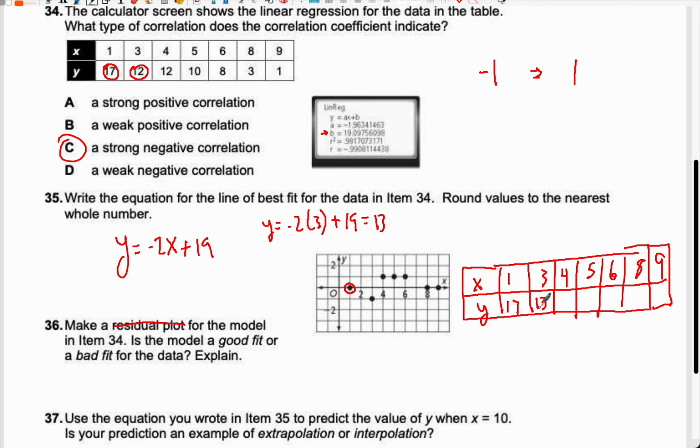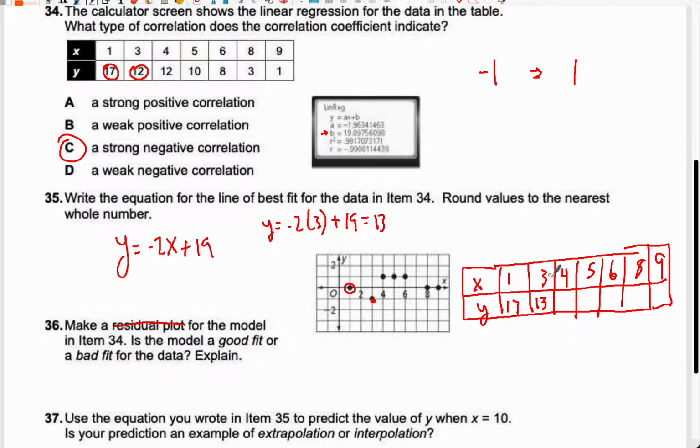That's 1 less than the prediction. So look where the residual plot is. It's 1 below the x-axis because the actual data was 1 below the trend line.